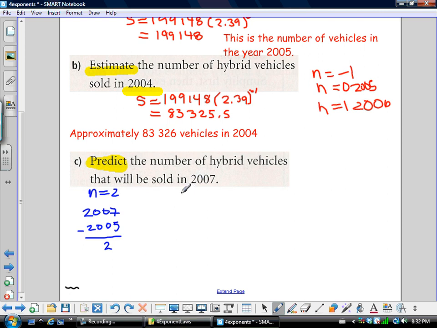So we have S equals 199,148 times 2.39 to the power of 2. And out comes our calculator, and we end up with 1,137,553 approximately vehicles.